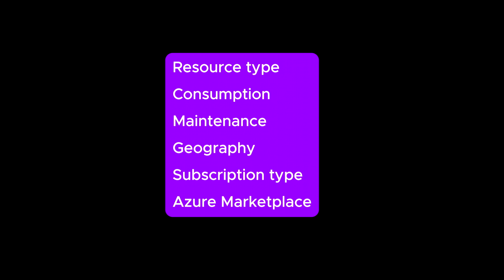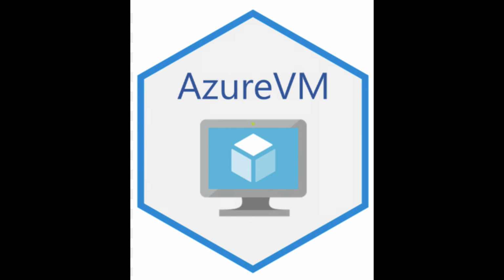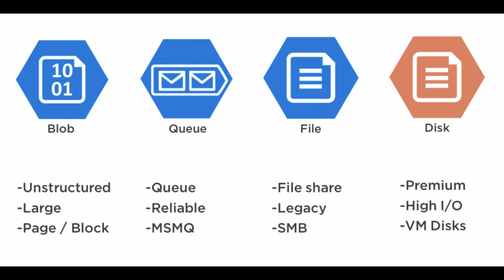If we talk about them one by one, take resource type. You have to take care when you choose a resource type. If you are going for compute, definitely you will be selecting a virtual machine. If you are going for storage, you will be choosing among relational, non-relational, or any kind of data.